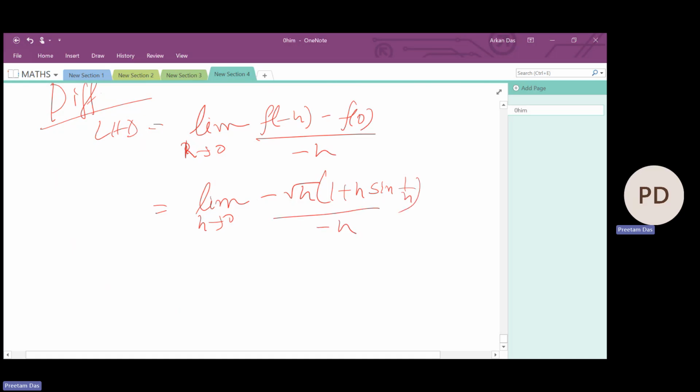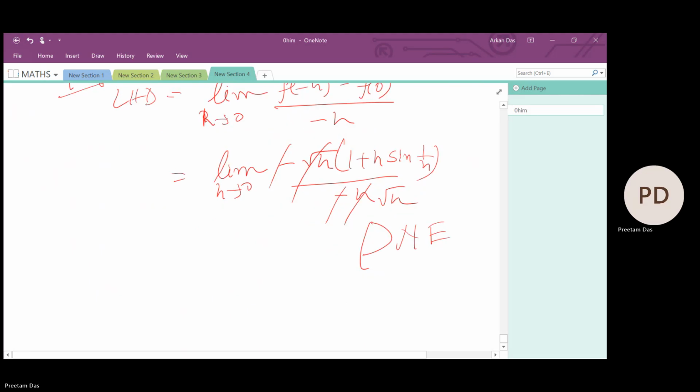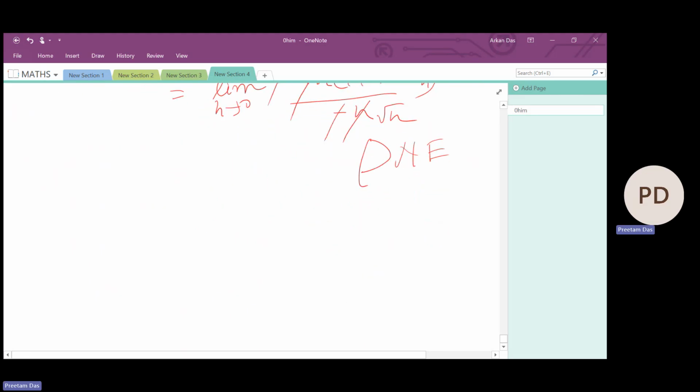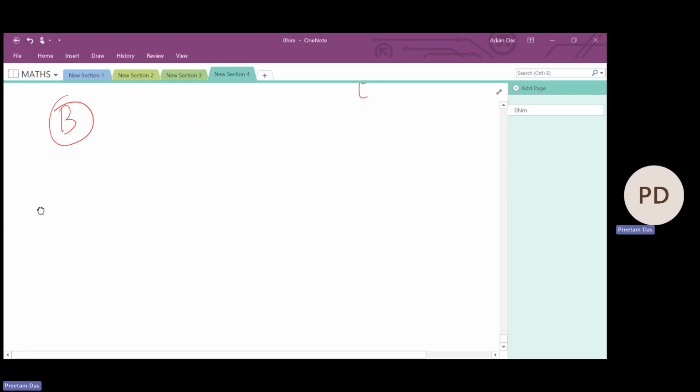Definitely in the denominator, if you cancel the minus, this will be square root of h. Numerator is finite, denominator becomes 0. So this does not exist. So not differentiable. So continuous but not differentiable. So option B.